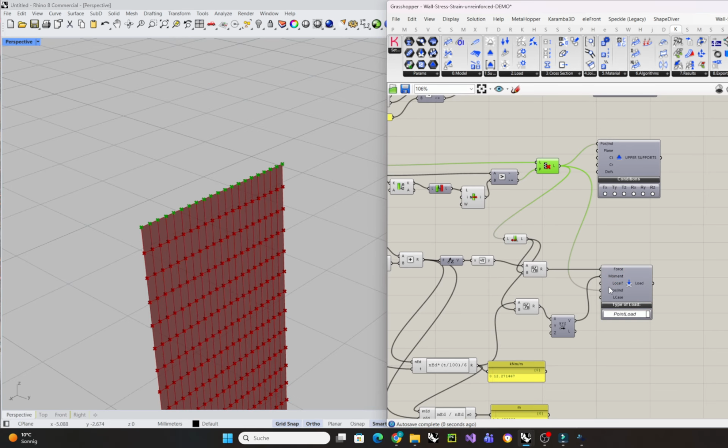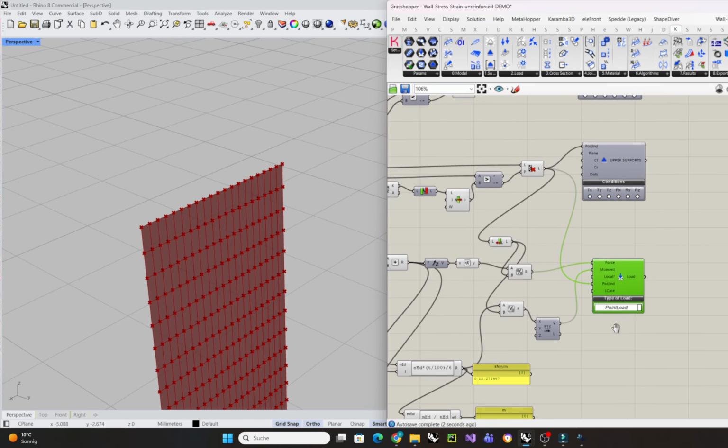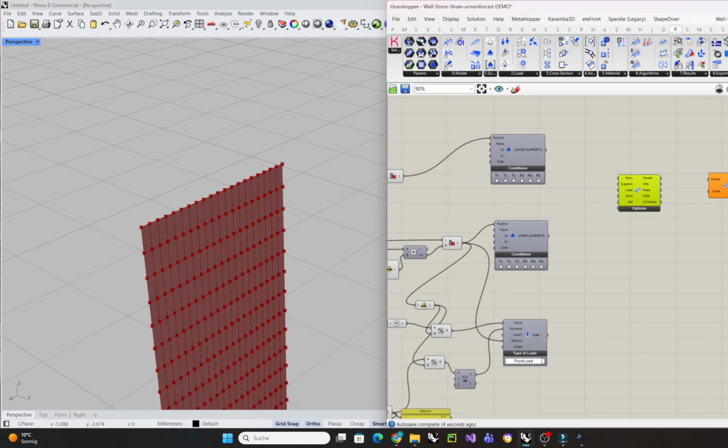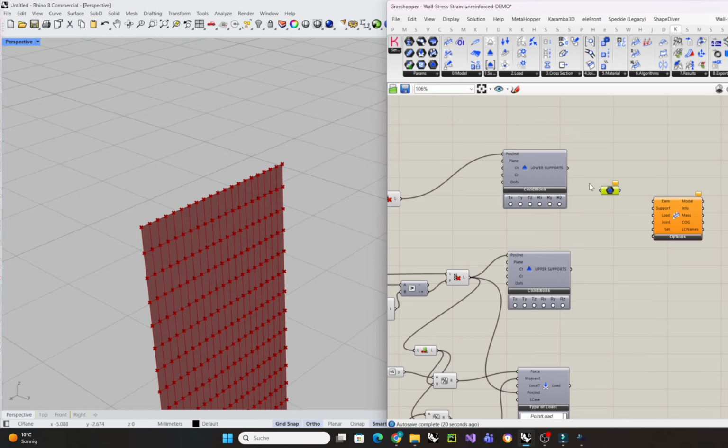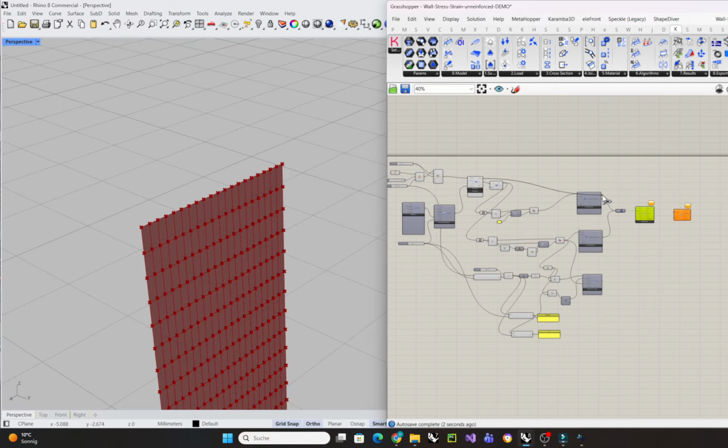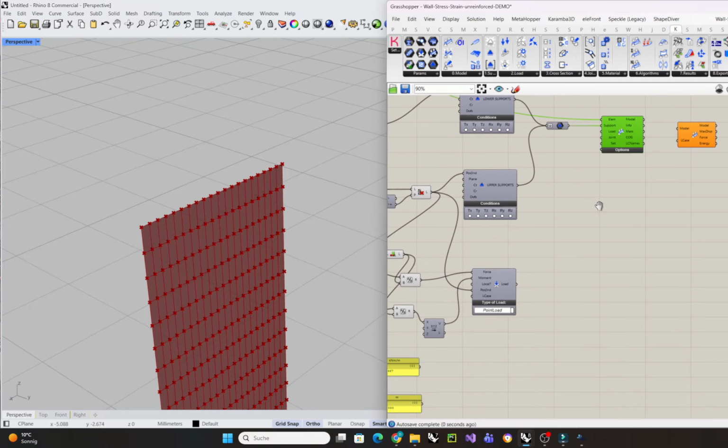These are the upper points here. Okay, now I can try to assemble my model. Both groups of supports go here. This is my element, and this is the load.